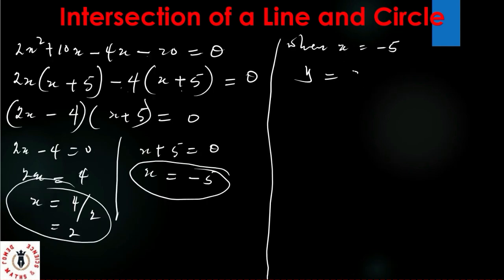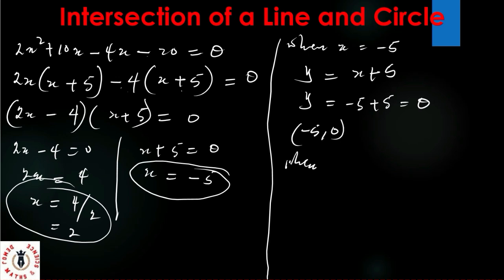So when x equals minus 5, y will equal minus 5 plus 5, which equals 0. That means one of the points is minus 5 and 0.